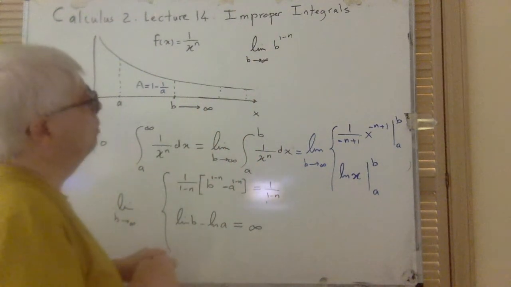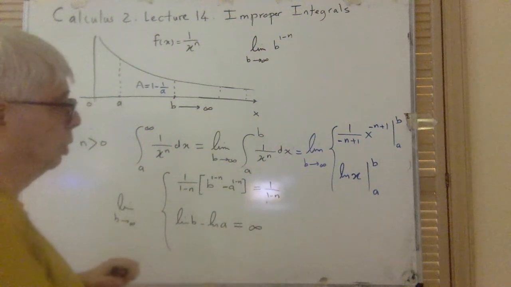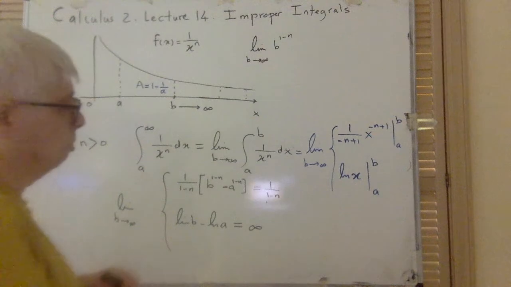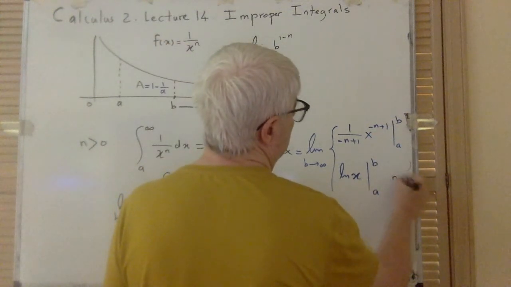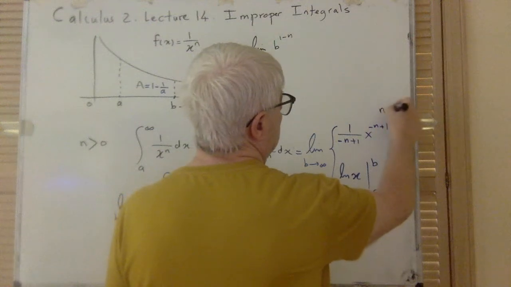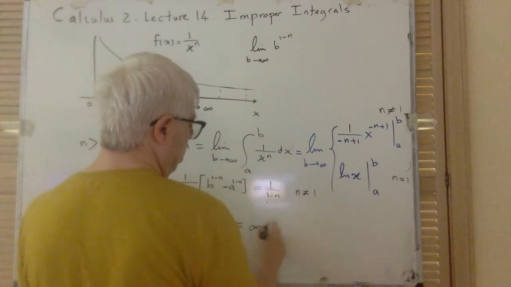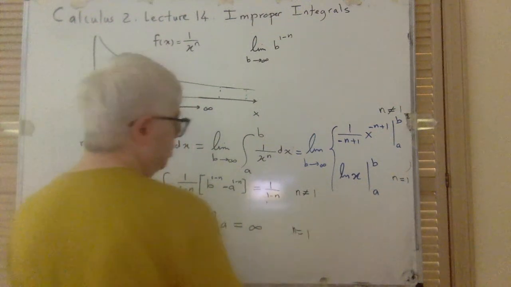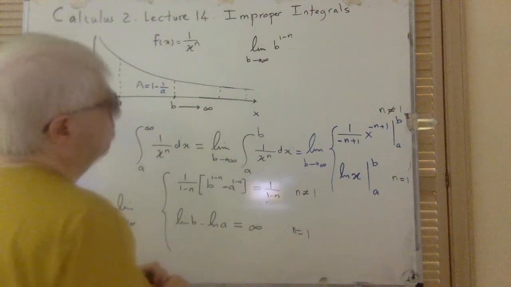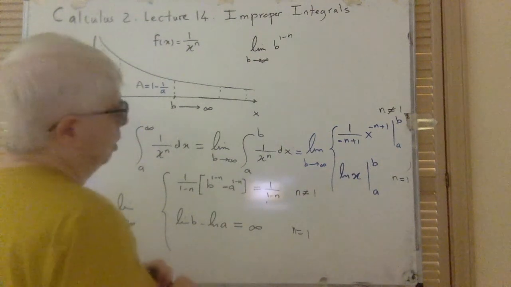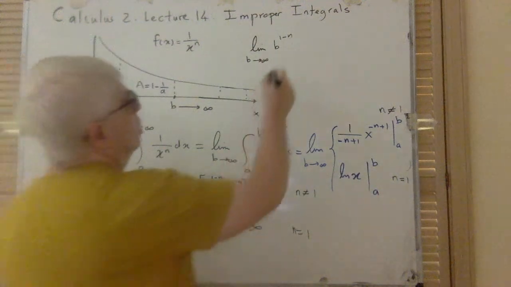What do you think? Well, n is not 1. I should have written something here: for this one, n is not 1, and this is when n is 1. So we are looking at the case when n is not 1.